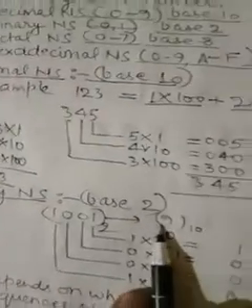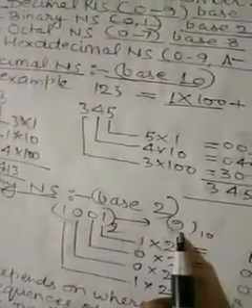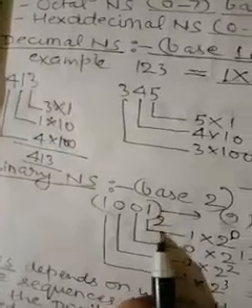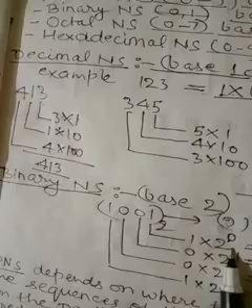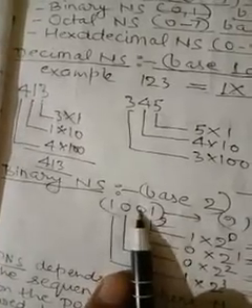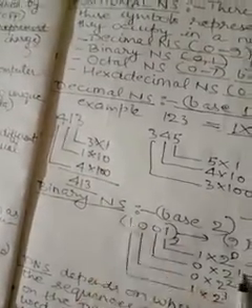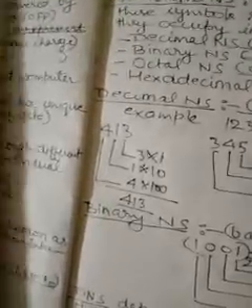Now let's see how a binary number is represented. Its base is 2. We take the number 1001 and convert it into a decimal number, which will be 9. How will 9 be derived? 1 is there at place value 0, then 0 at place value 1, place value 2, place value 3. We always start place value just like in the decimal number system.